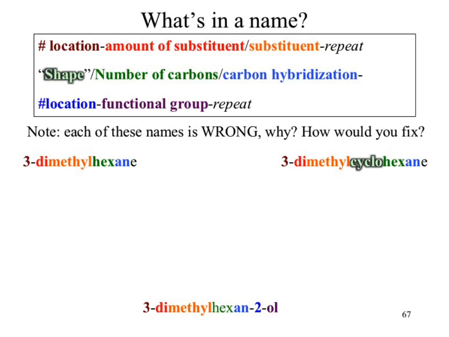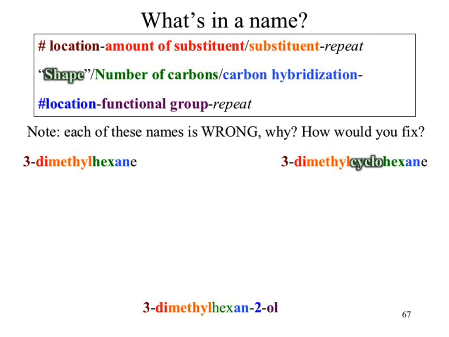Okay? We have a numbered location followed by the amount of that individual substituent, followed by the name of the substituent. Okay? And then I would repeat that for every new substituent at every new location. And I have to specify the location for every single one of those. Okay?